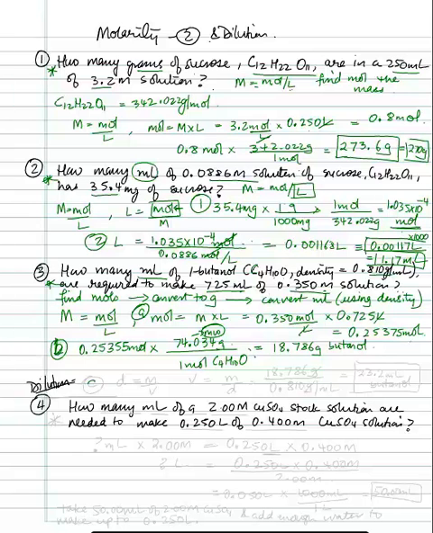So then our last step, which is C, is using the density. Density is mass over volume. We are asked to figure out volume, so that is mass over density, and the mass that we have is 18.786 grams, and density is given to us in the problem, which is 0.810 grams per milliliter. So grams get cancelled out, you're left with milliliters, and that is then 23.2 milliliters of butanol.